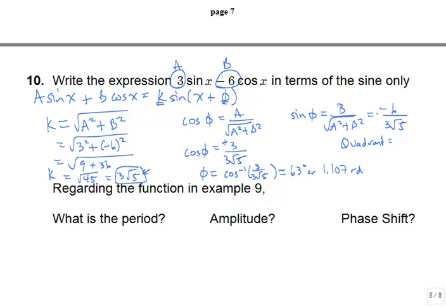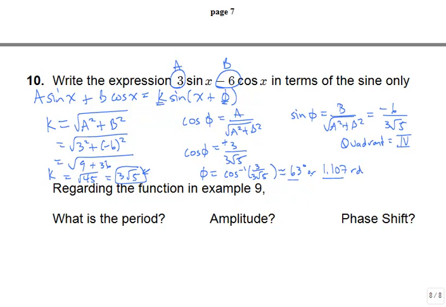Which quadrant has cosine, or x, being positive, but sine being negative? That's quadrant 4. So both of these answers that I gave down here for phi were angles in quadrant 1. So that's not quite the right phi that I want to use. I want to use something based on these answers, but I want it to be equivalent to this angle in quadrant 4.